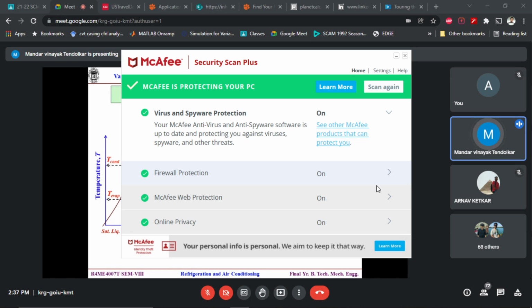So there is a problem for the compressor outlet, that is a superheated one. So if you go for the heat rejection, it no more remains as the isothermal one. Once it enters into the dome, inside the dome, it is isothermal one.